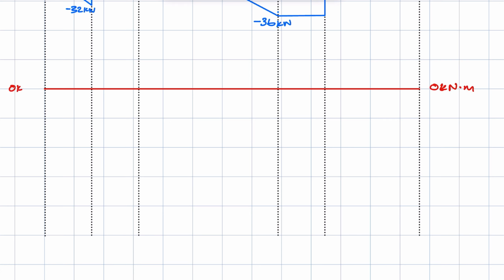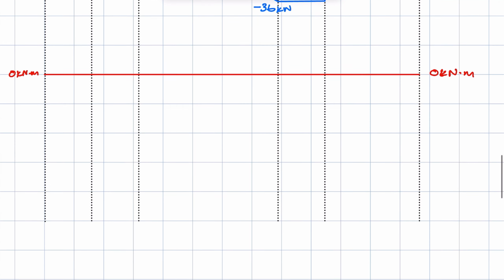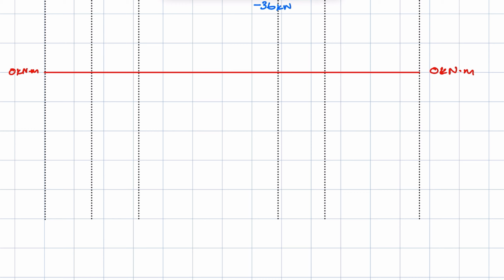So we have 0 kilonewton meters. Now, you can refer to your bending moment calculations. The bending moment at A is equal to 0. The bending moment at B was equal to negative 26. So negative 26, let's say, is at this point.